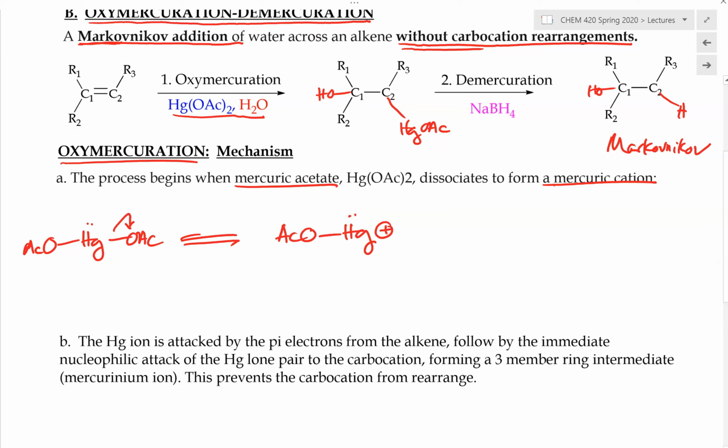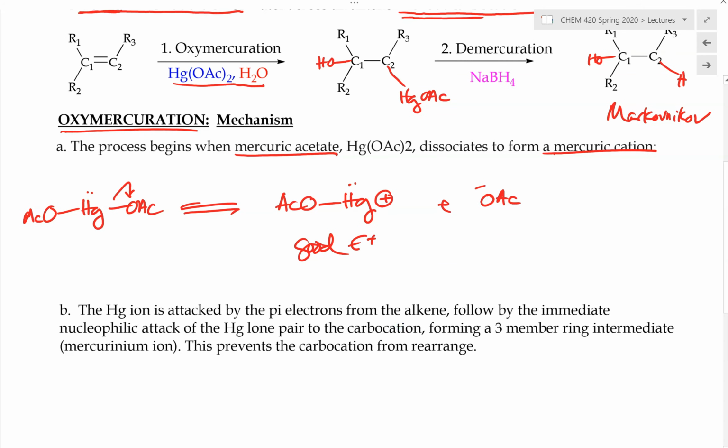And this mercury then becomes a cation plus the acetate group. Now this mercury becomes a good electrophile because it is a cation. And because mercury can exceed the octet, it can accept external electrons.